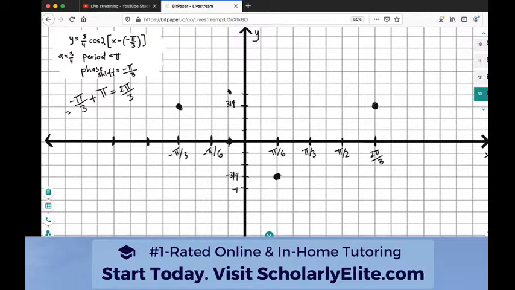So you could do 2 here, 2 here, 1, 1, 1 there. So it'll be right here, and that's another flow through point right there. Okay, so if I put this all together, that is one period of this function.